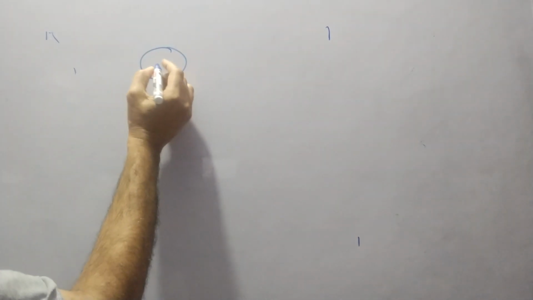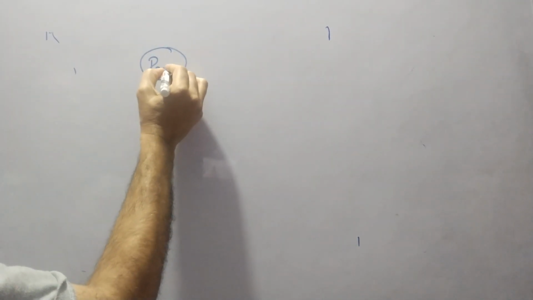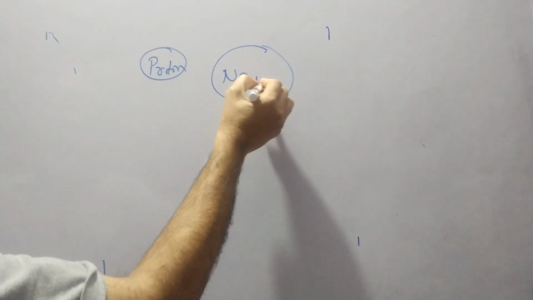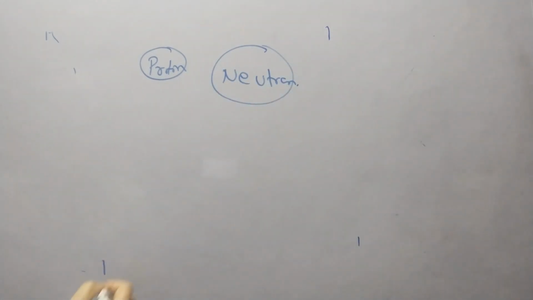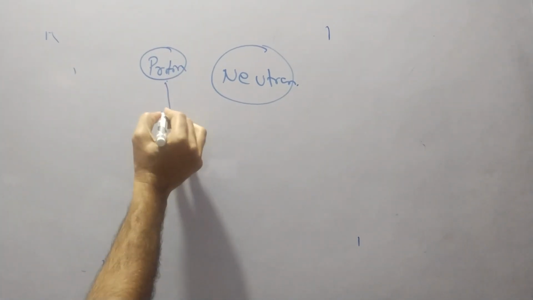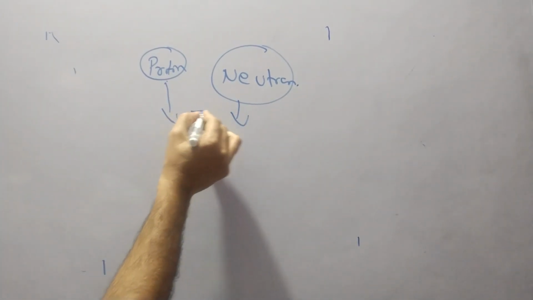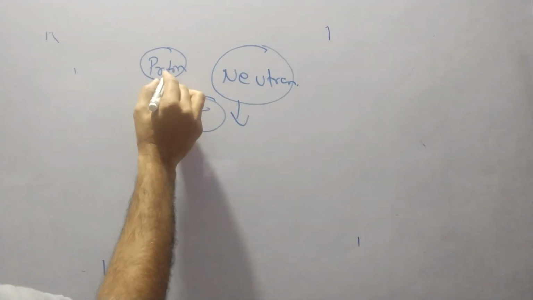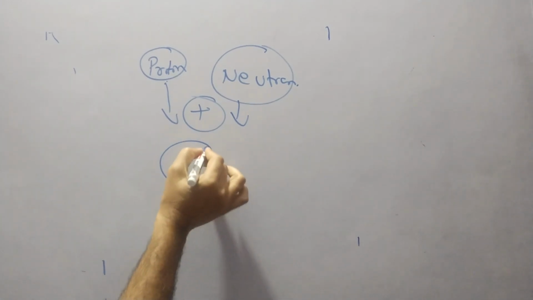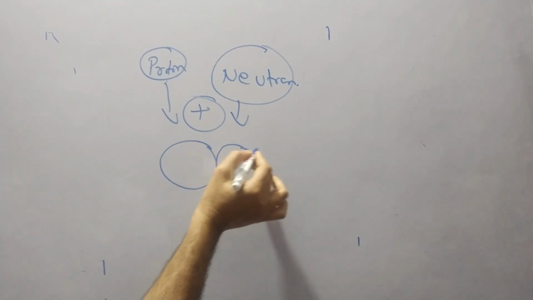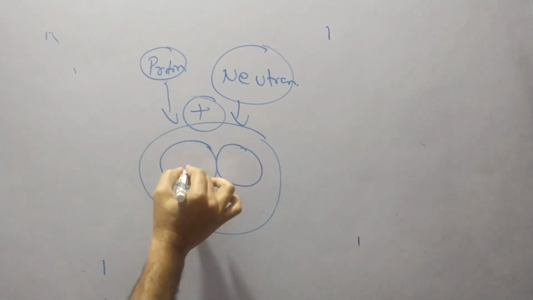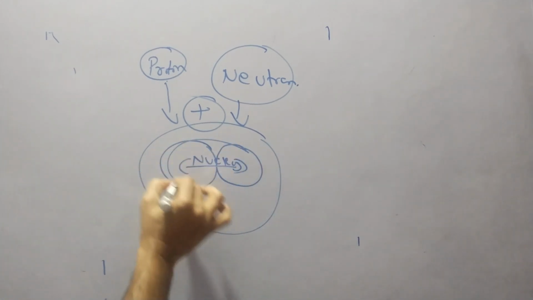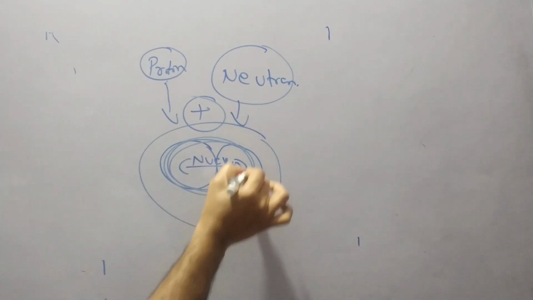So this is a proton, this is a neutron. If you want to combine these two, proton and neutron, when they combine, it will be called a nucleus, because in the nucleus, protons and neutrons will be there.